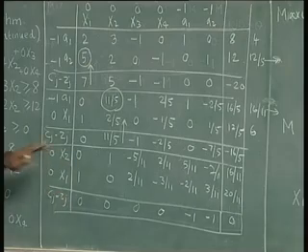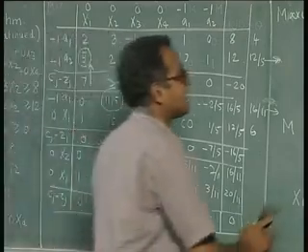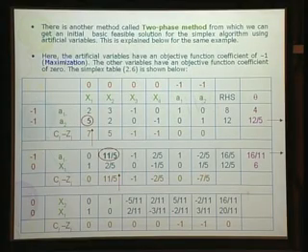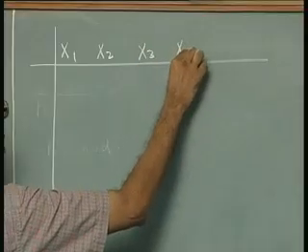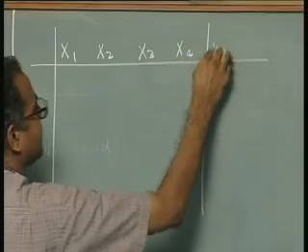Now from this solution we start the second phase, and the second phase goes like this. Now when we do the second phase, we leave out the artificial variables. We have only x1, x2, x3, x4 and the right hand side.